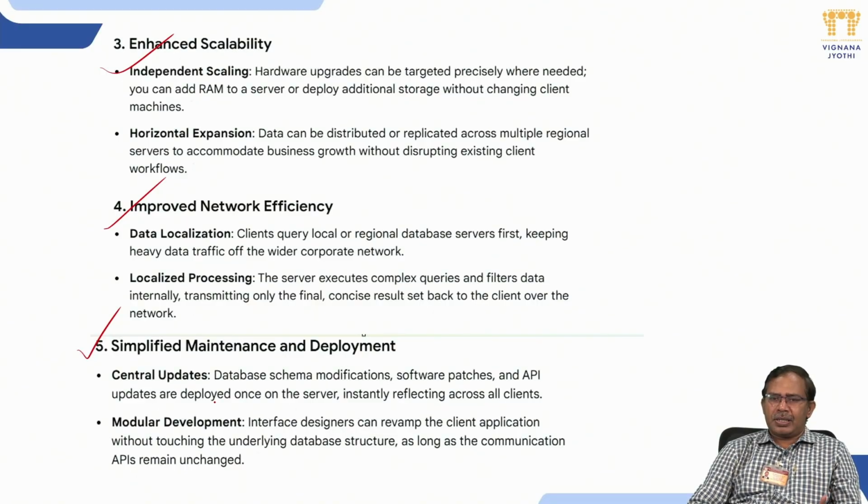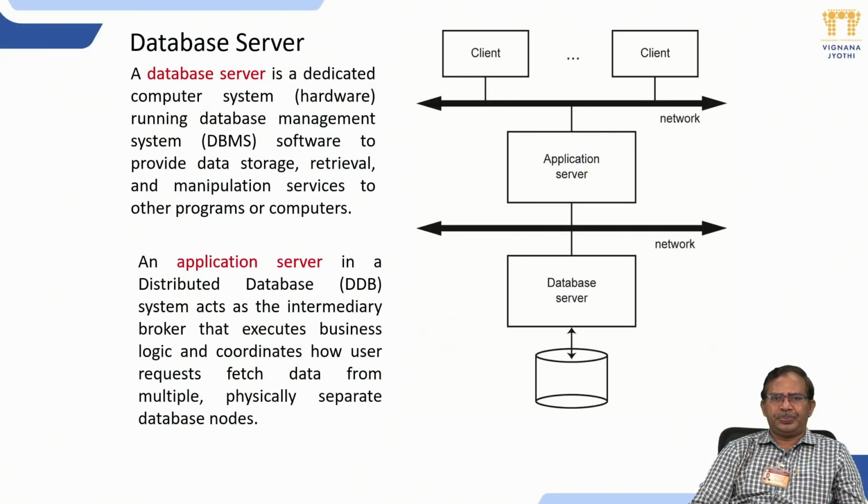At one place, access is given to the different scattered clients, and all of them are able to access this facility and get responses to their submitted queries. In modular development, the interface designers can revamp the client application without touching the underlying database structure, as long as the communication APIs remain unchanged. So data independence, physical independence and logical independence are also well supported.